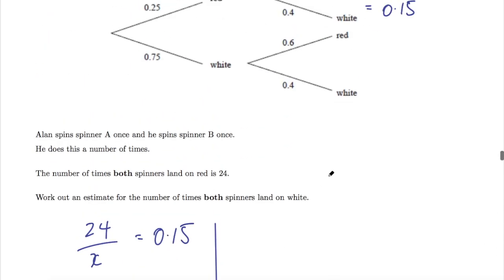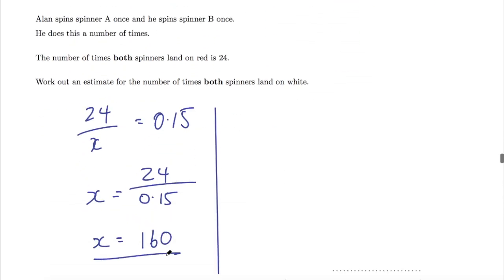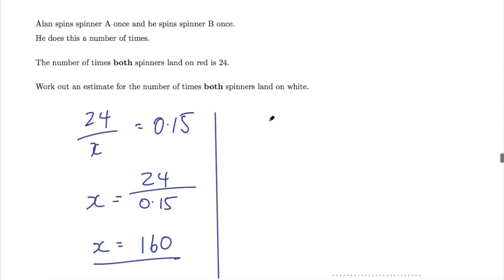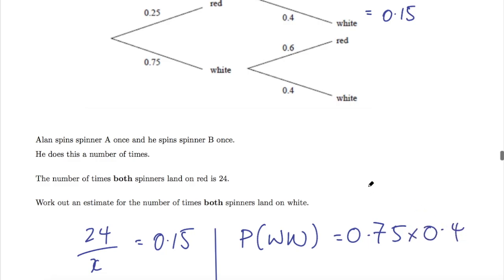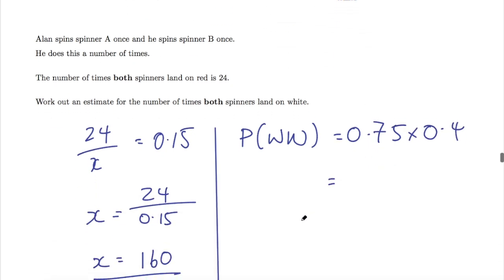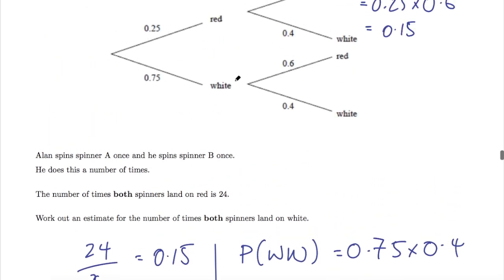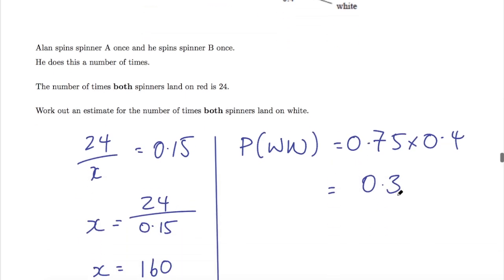Now we know the total number of times he spun both spinners. And we know the probability of landing on white and white is 0.75 times 0.4. If we put that into a calculator, we get 0.3. So the probability of landing on white and then white again is 0.3.